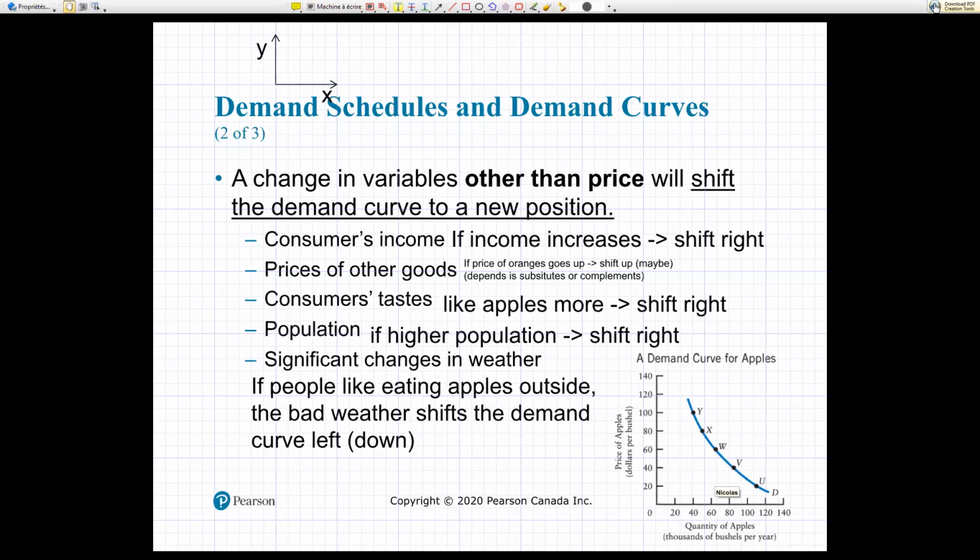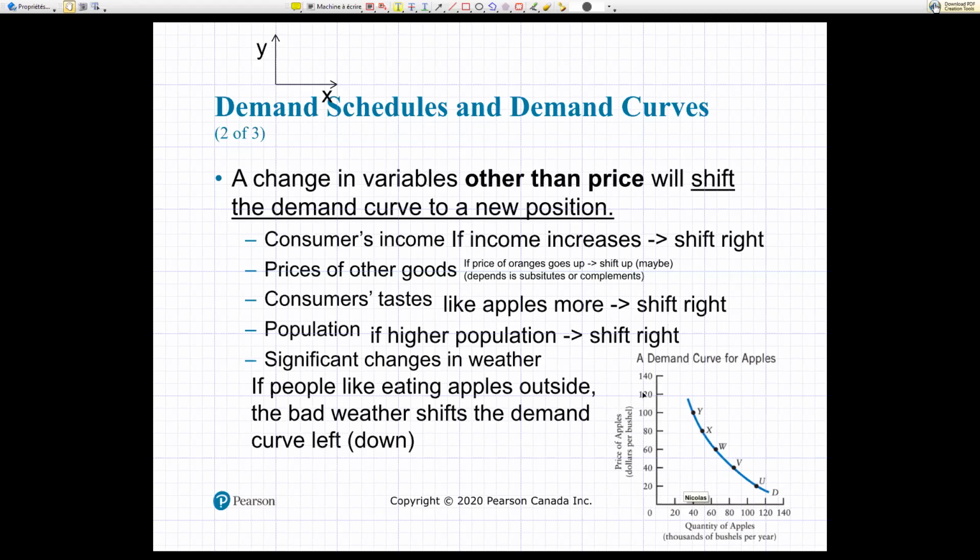This is due, I think, to Alfred Marshall, who was a great economist at the beginning of the century. He decided that analyzing things this way, putting quantity on the horizontal axis and price on the vertical axis, made analysis easier, as you're going to see later.